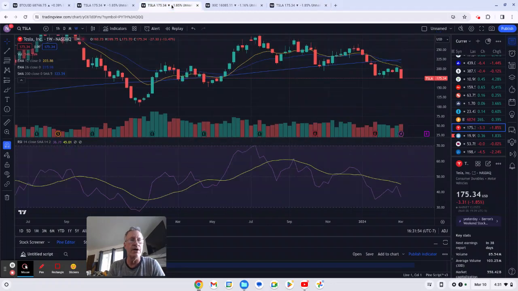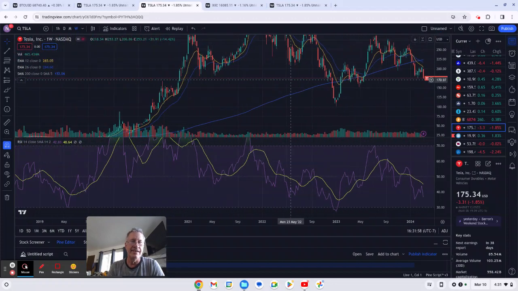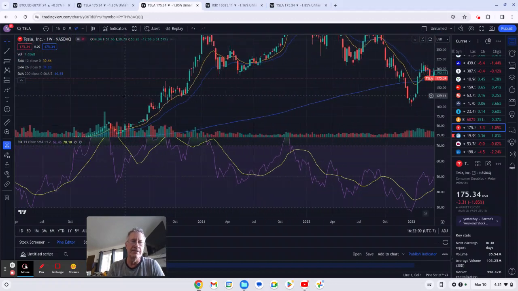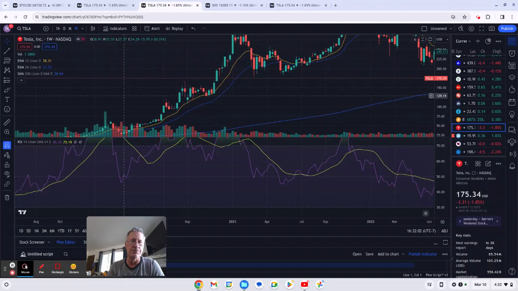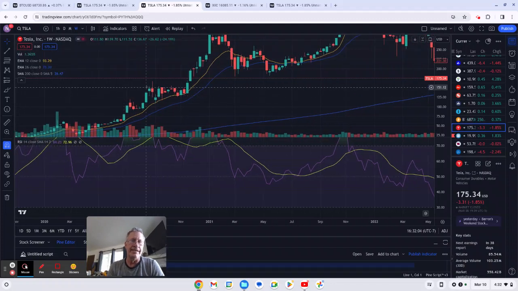So now I'm on the weekly chart here, and here is the time frame that I was referring to. This was 1, 2, 3, 4, 5, 6, 7, 8, 9, 10, 11, 12, and then 13 weeks on this candle.